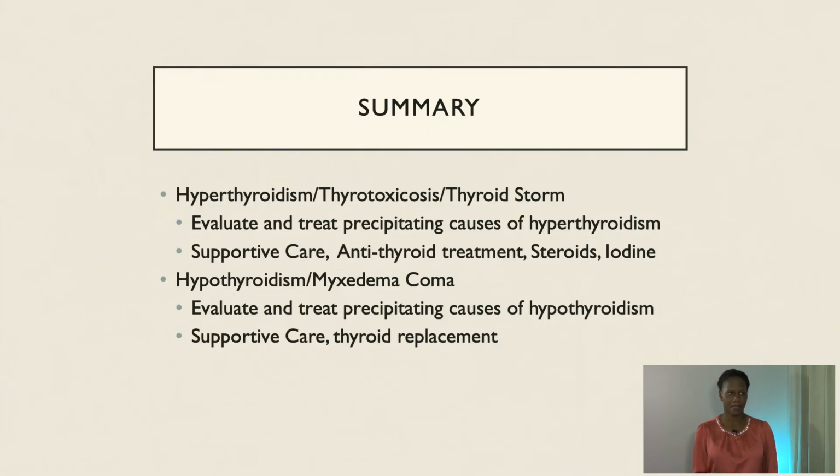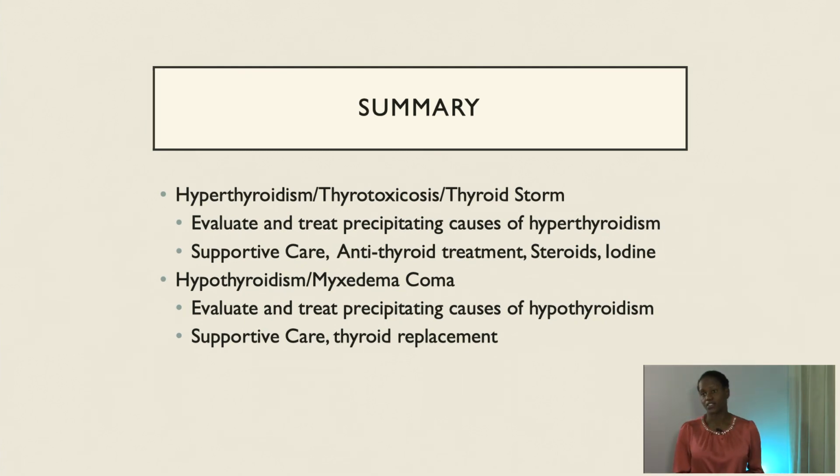All right. So those were some of the high yield topics. We'll briefly go over a summary of what I wanted you to get out of it. When we're thinking about hyperthyroidism, we're thinking about thyroid toxicosis and thyroid storm as the diagnoses that we don't want to miss. The main thing is evaluating and treating the precipitating causes. The diagnosis is largely clinical, because in some institutions you may not even have the thyroid labs back right away.